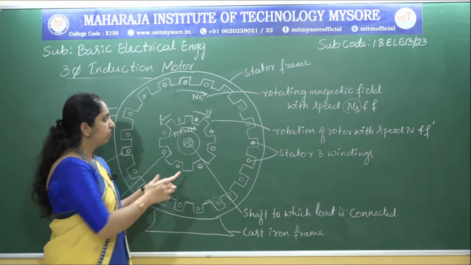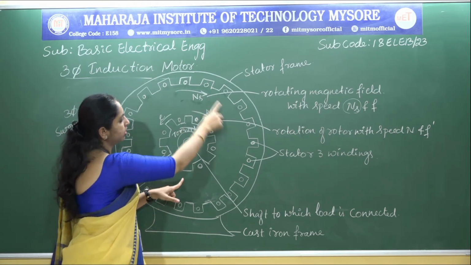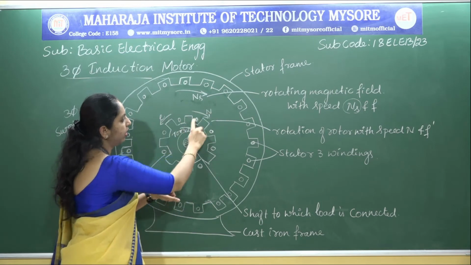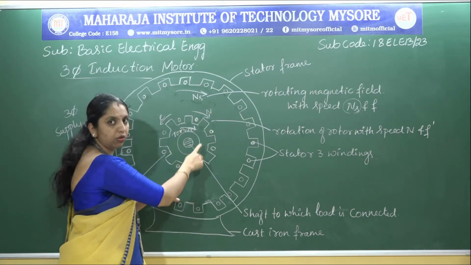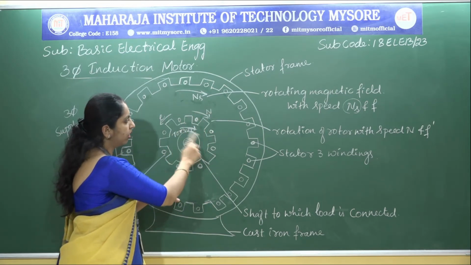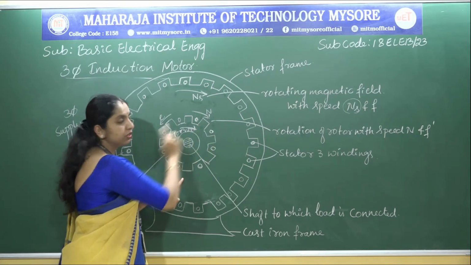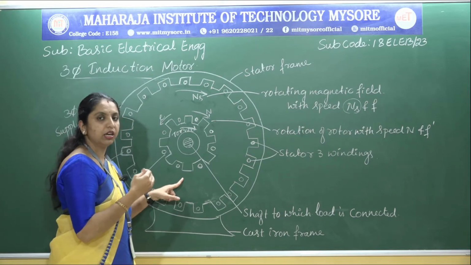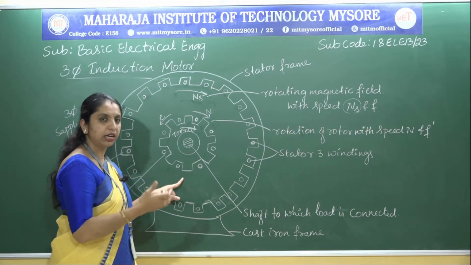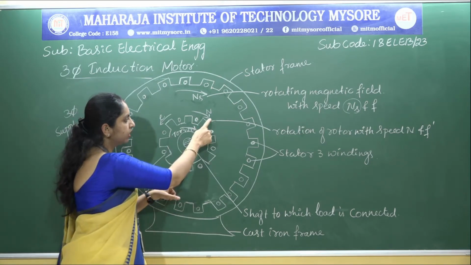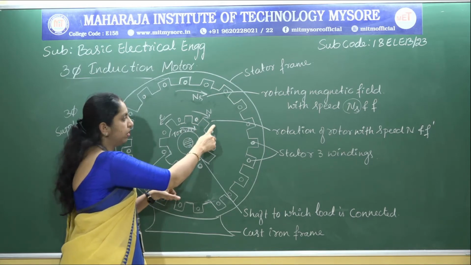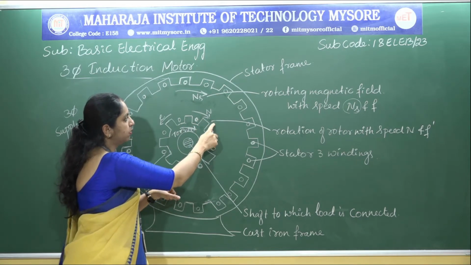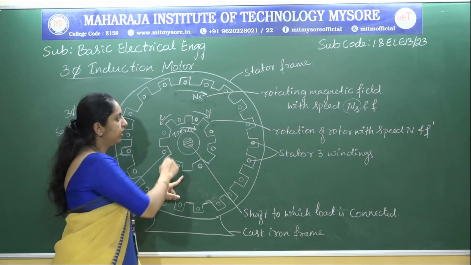Here Ns is the speed of the rotating magnetic field, and N is the speed of the rotor. The relative speed between them initially decreases, and gradually the speed of the rotor increases as it tries to catch up with the speed Ns.